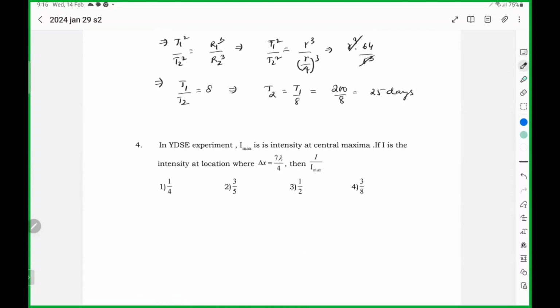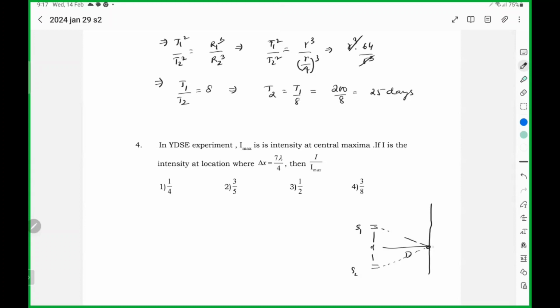So in YDSE experiment, I maximum is the intensity at central maximum. So here YDSE setup, two slits are separated by distance small d and screen is kept at a distance D, and monochromatic light is passed through both the slits, and here at the center there is no path difference.